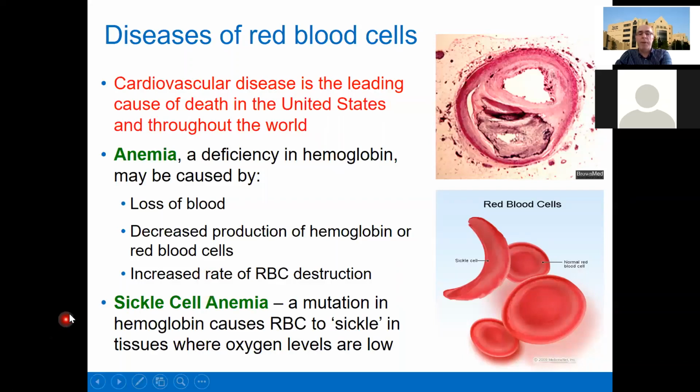Sickle cell anemia, as you know from previous lectures, is a mutation in hemoglobin that causes red blood cells to take a sickle shape, and it also diminishes the capability of oxygen binding.